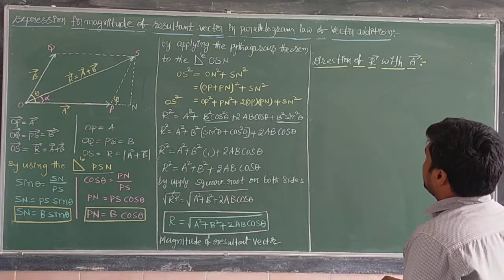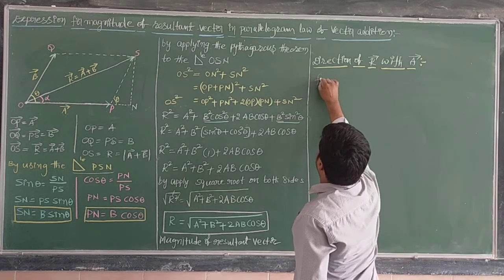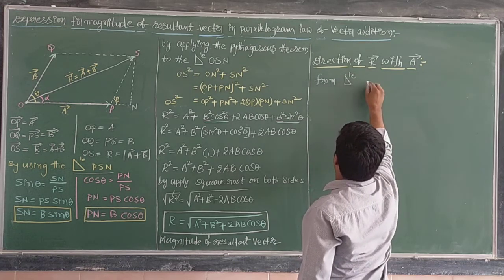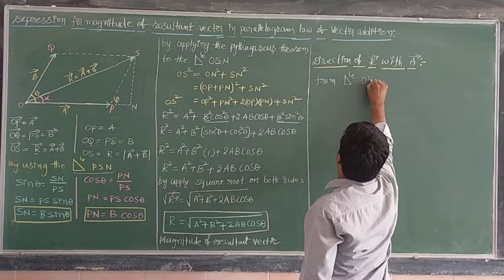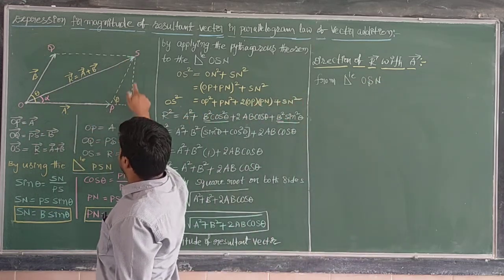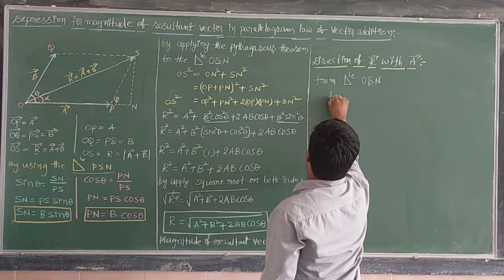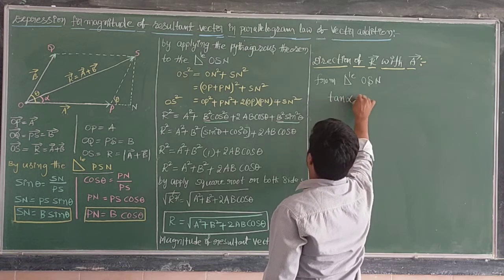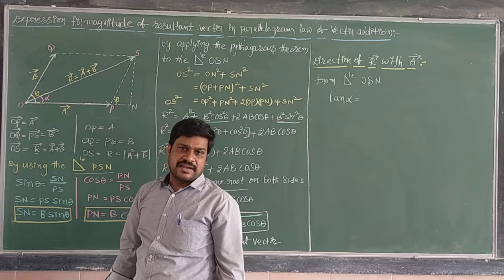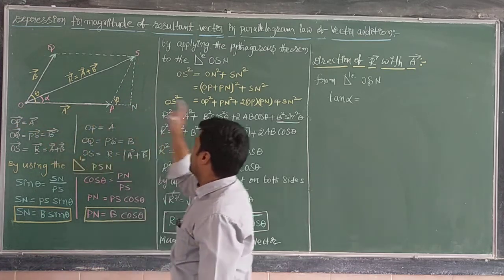To find this, once again, from the right angle triangle OSN, I will take tan alpha. Tan alpha equals, what is the formula? Opposite by adjacent side. Opposite is SN, adjacent side is ON.